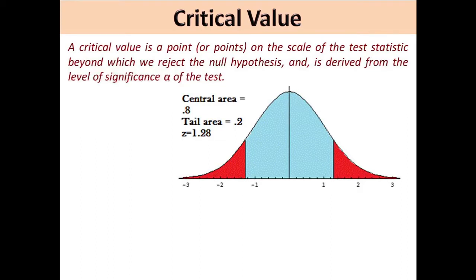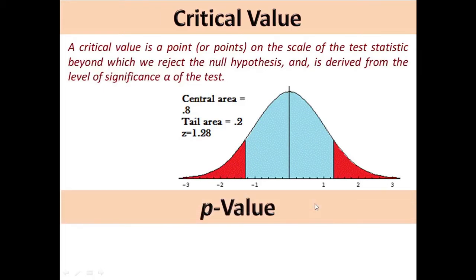For example, in this image, the critical values are at 1.28 or minus 1.28. The blue area is where we must accept the null hypothesis, and the red areas are where we can reject the null hypothesis. How large each area will be totally depends on many factors, including our chosen confidence level and our sample size. Significance testing is used to figure out if our results differ from the null hypothesis.